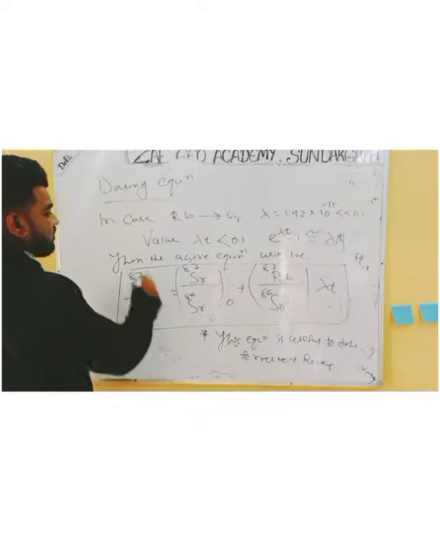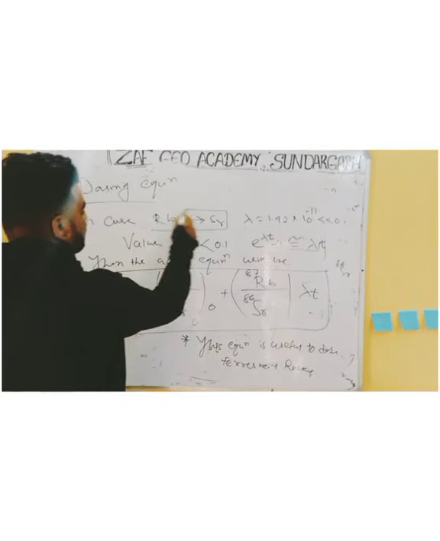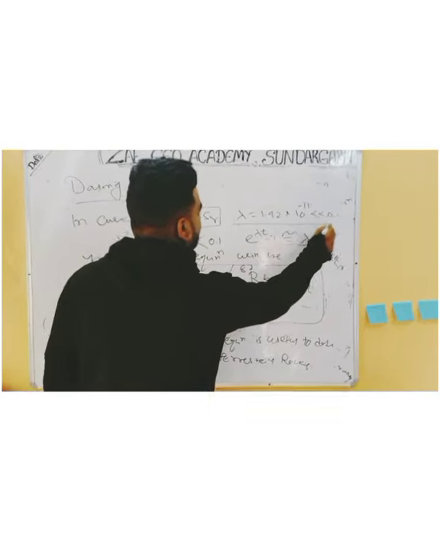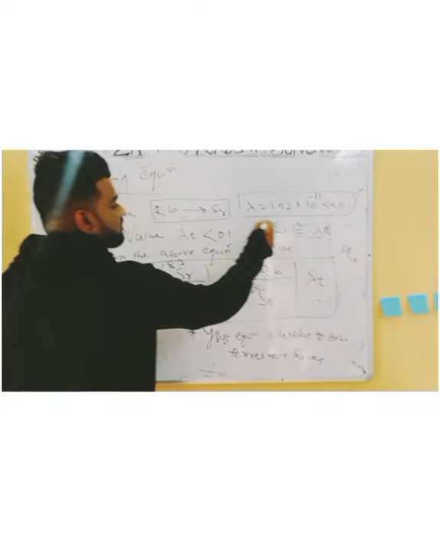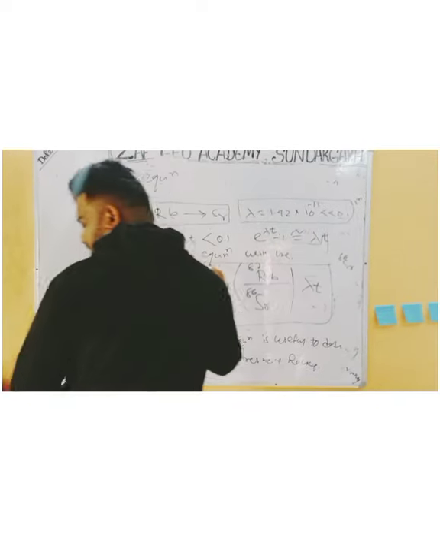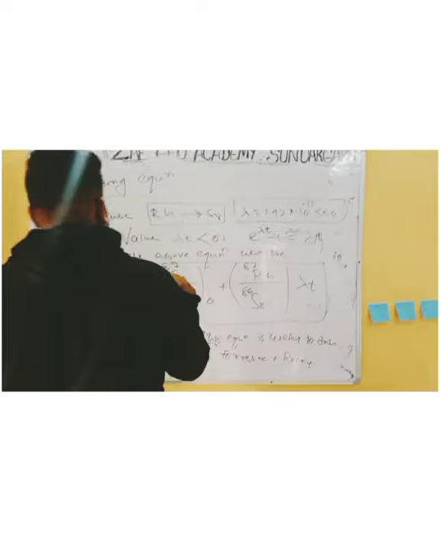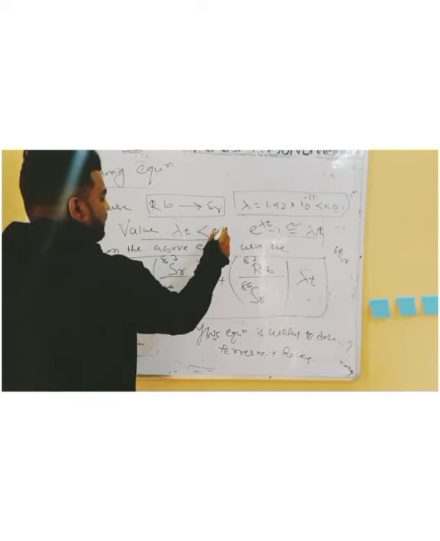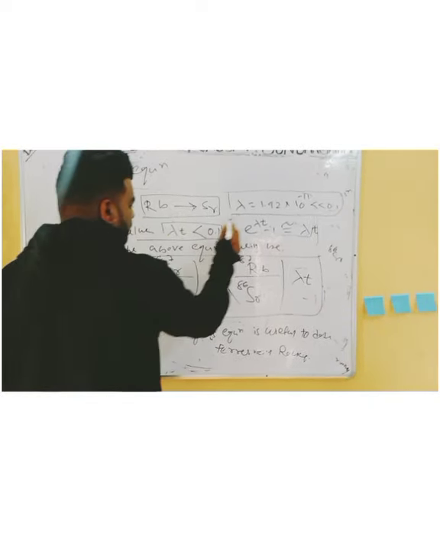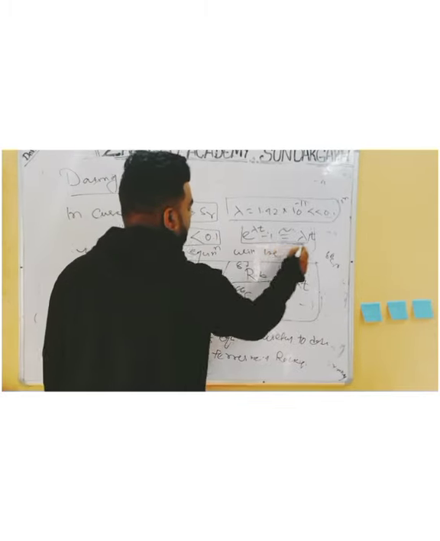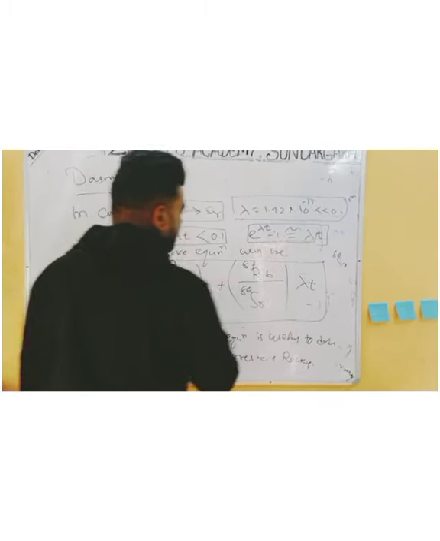In the case of rubidium converting to strontium, the value of lambda is 1.42 into 10 to the power minus 11, so lambda t is much less than 0.1. Because of this, e to the power lambda t minus 1 is approximately equal to lambda t.